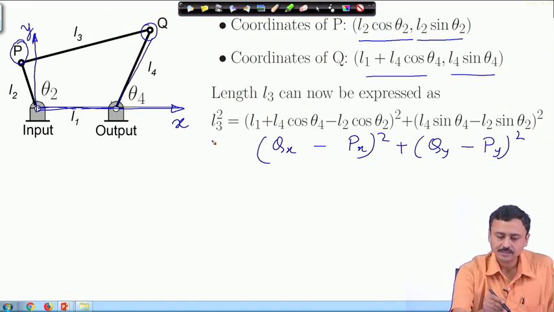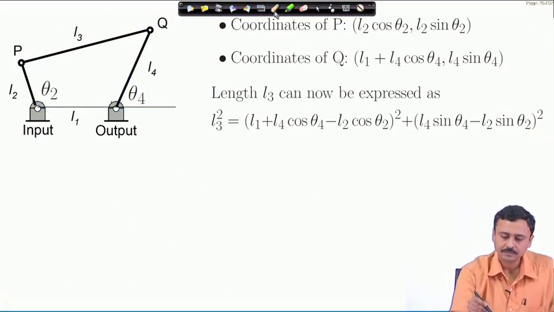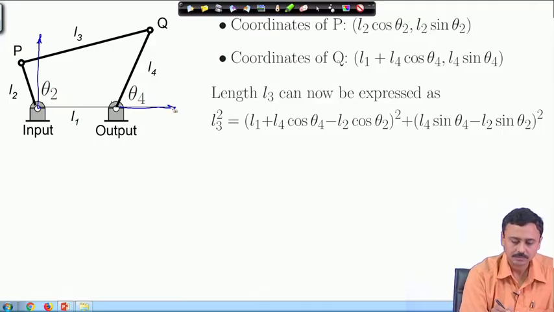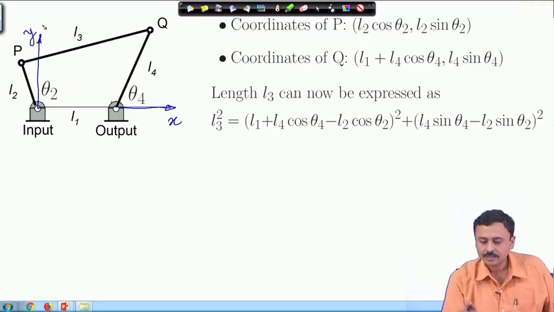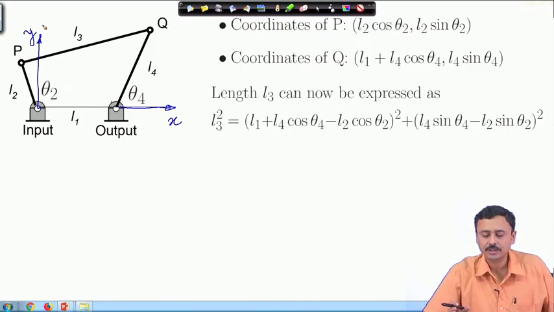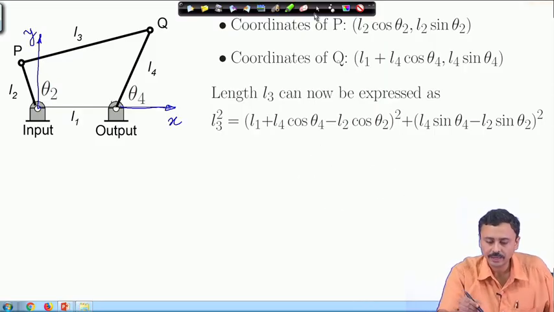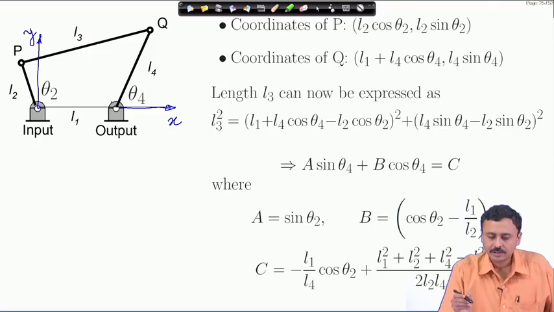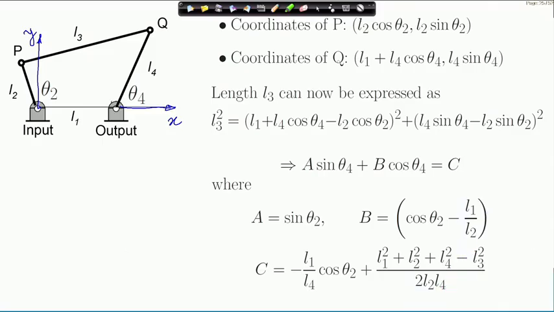Once I have done this, I can simplify this expression. I can open up the brackets and simplify the expression. Remember that I am given theta 2. I have to find out theta 4.